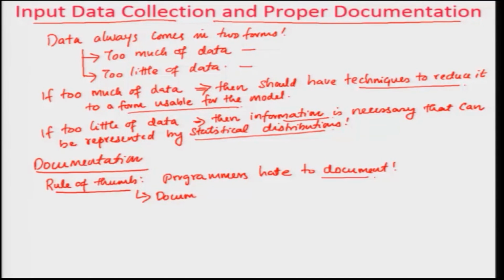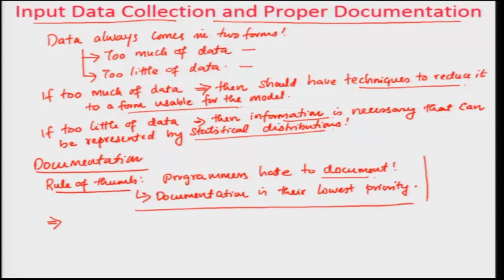Documentation is their lowest priority. If this is not done, then with future issues, you will not be able to figure out if there is a bug, what caused the bug, or whether the translation happened. It will all be a problem to you.